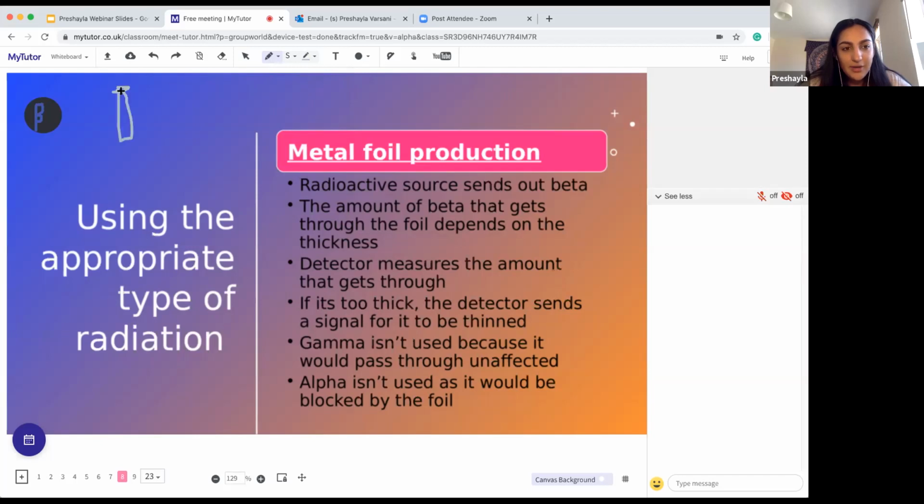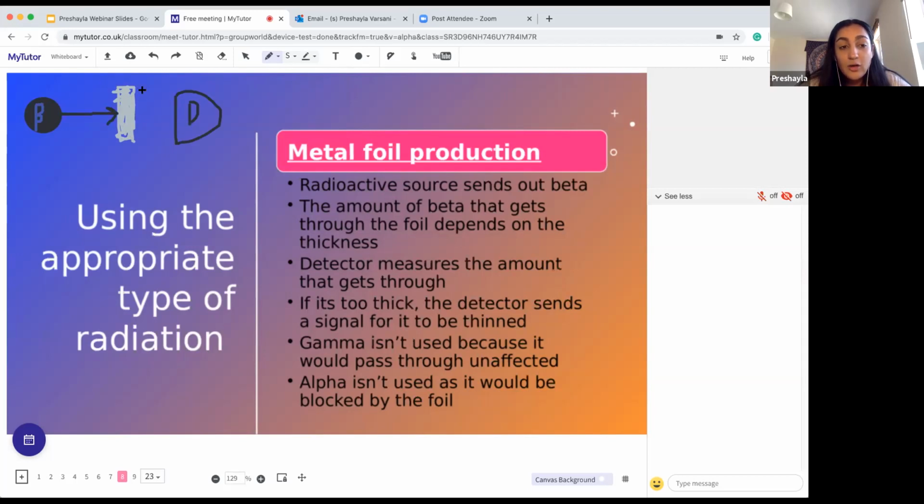This is our foil here. So our beta is being shot at the foil, and there's a detector on the other side. This is our detector.